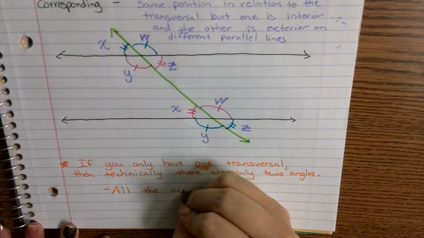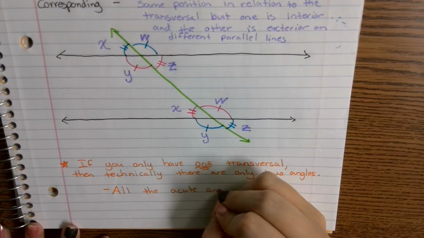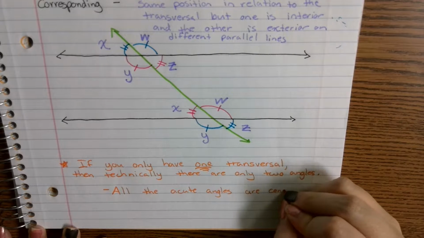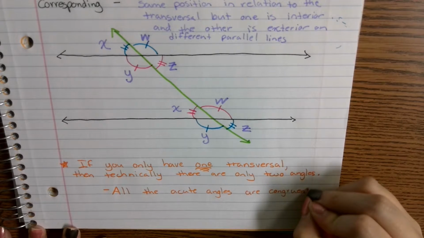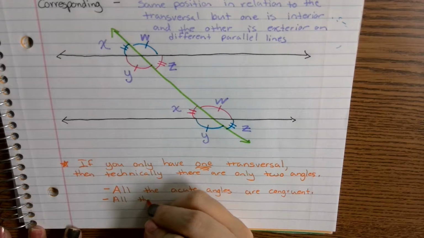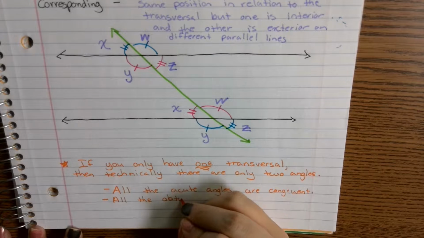All the acute angles are congruent. All the obtuse angles are congruent.